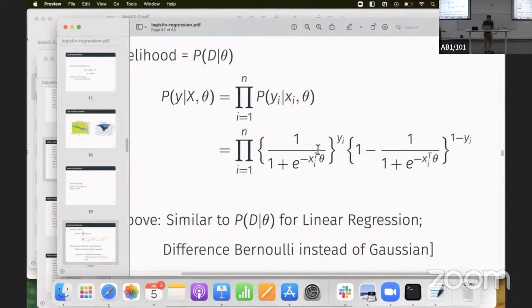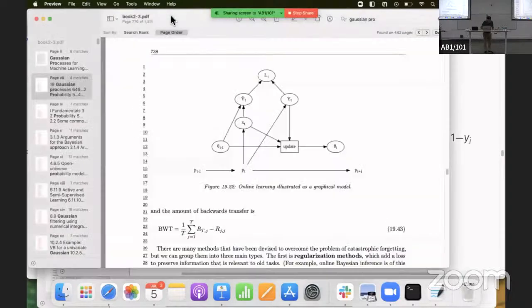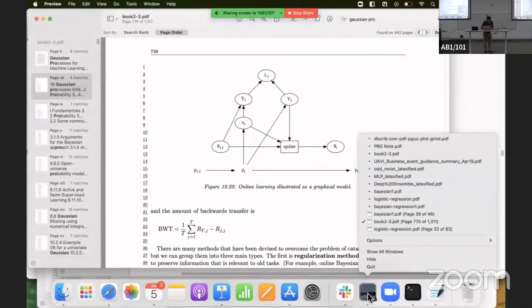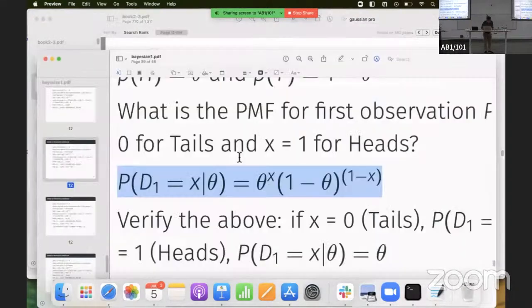Let's go back to the coin toss. Probability of D1 equal to X. X can be heads or tails. Heads is 1, tails is 0. It is theta to the power X. So theta is the probability of heads.